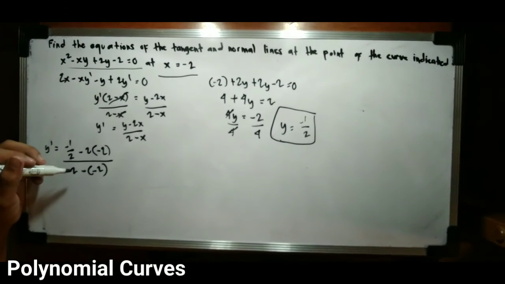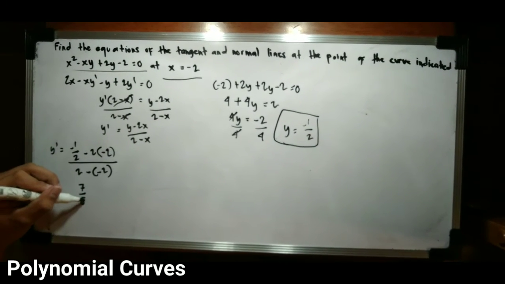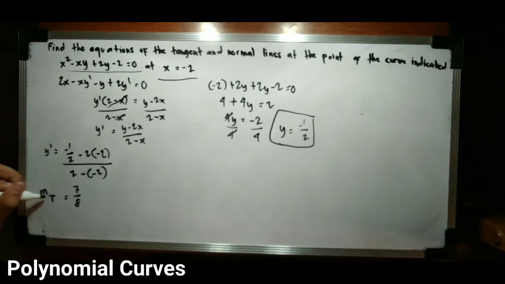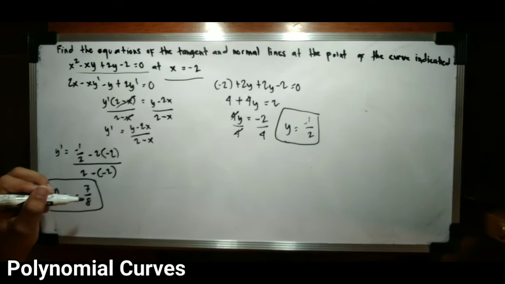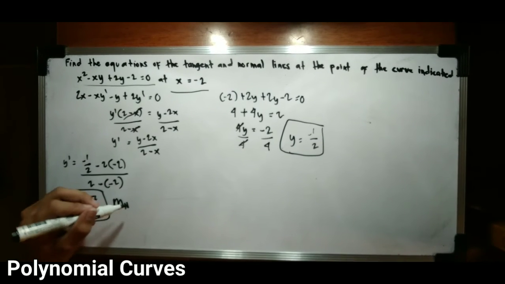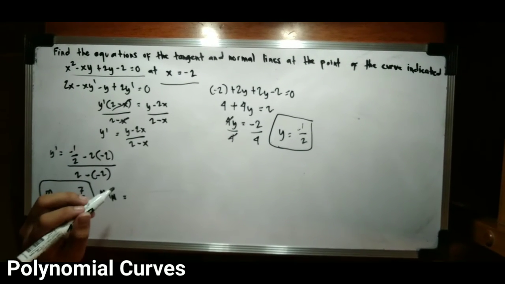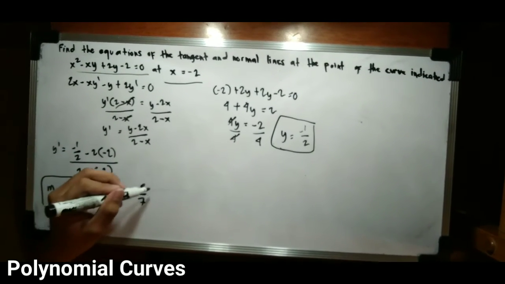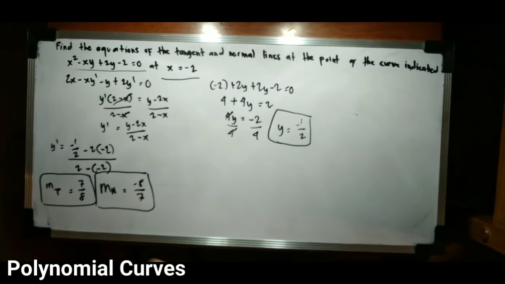So to simplify this further, we will get 7 over 8, and this will become the slope of our tangent line. To find the slope of our normal line, we just have to get its negative reciprocal, which is negative 8 over 7. And now we have the slope of our normal line.